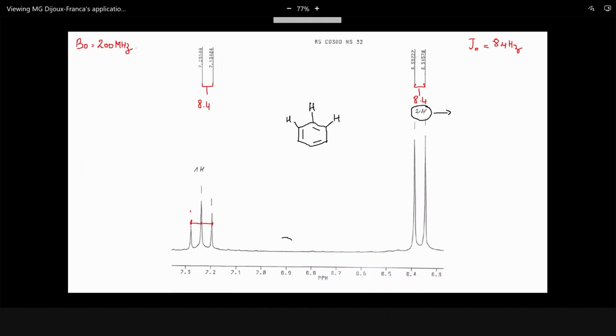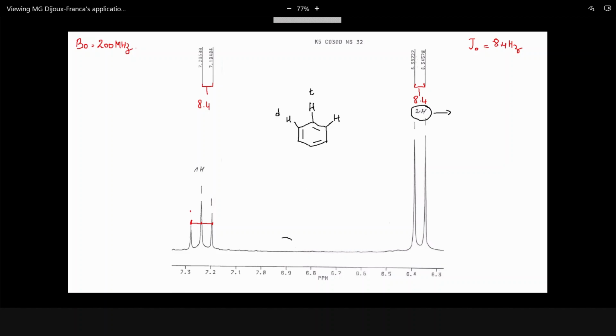Okay. So where is the triplet? The triplet is the hydrogen in the middle.